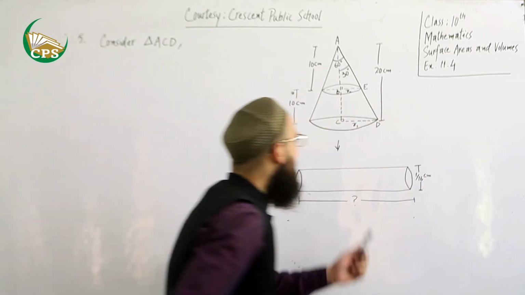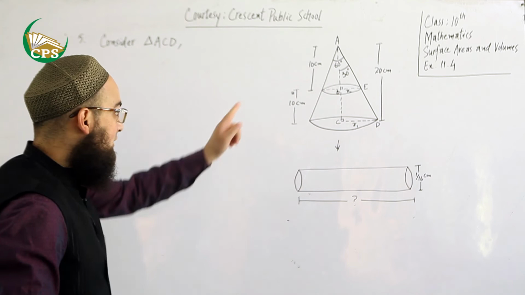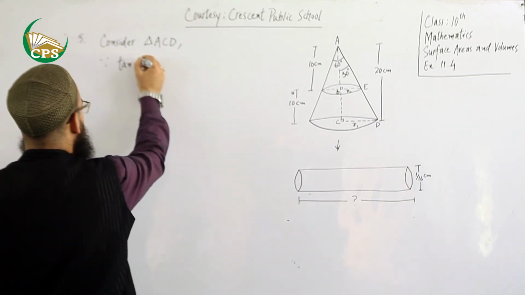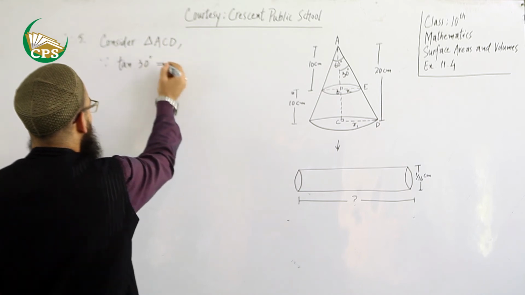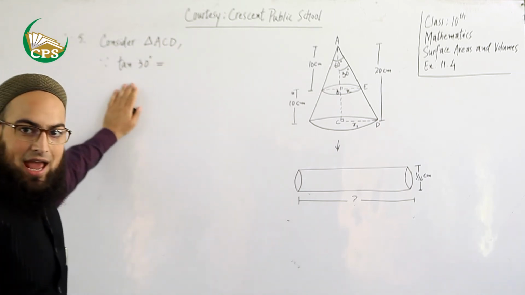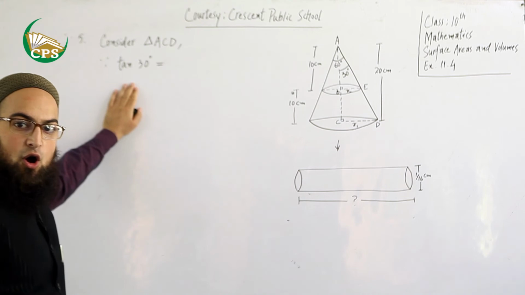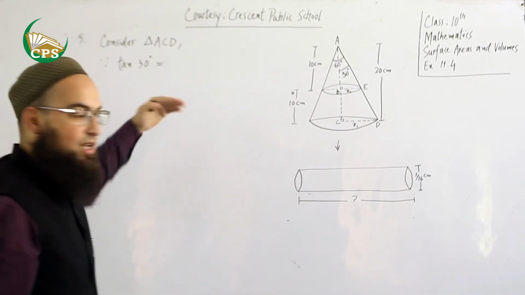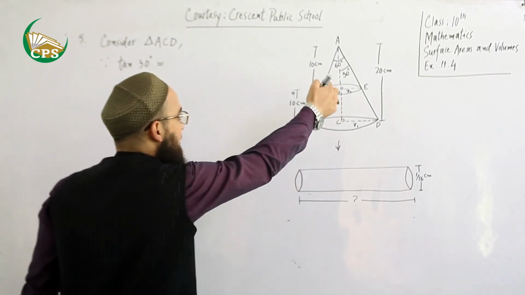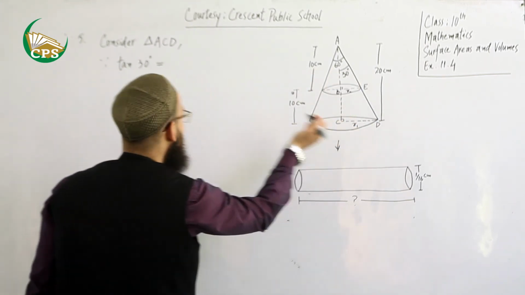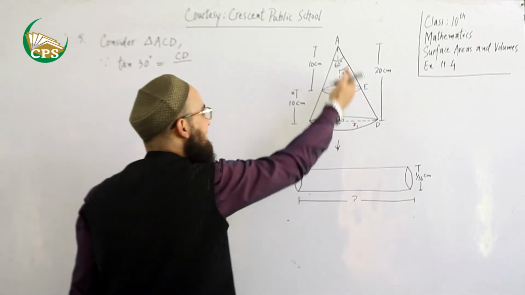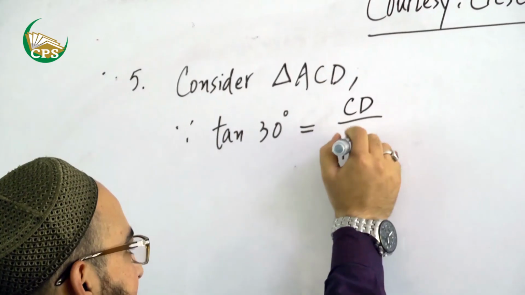Now using this triangle, let us find tangent of 30 degree. You know tan is the ratio of opposite side to the adjacent side. For 30 degree, opposite side is CD divided by adjacent side AC.